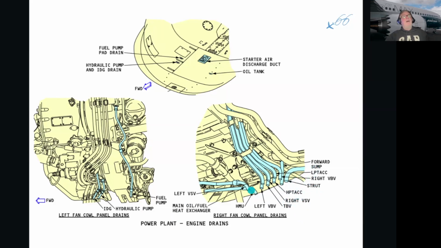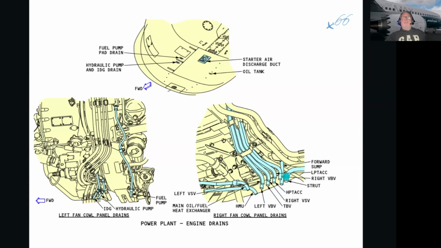All of these are possible drain possibilities from the system. You can tell whichever one the leak is coming from, that would be the culprit. So you'd have to go to the AMM and see the limits.